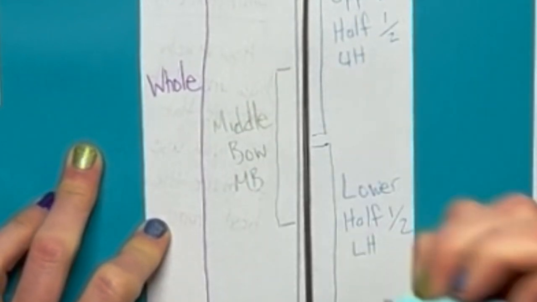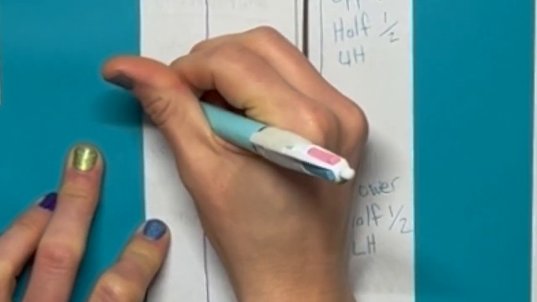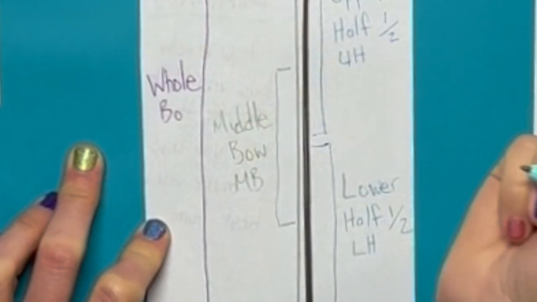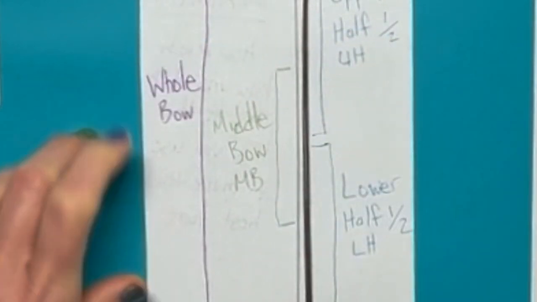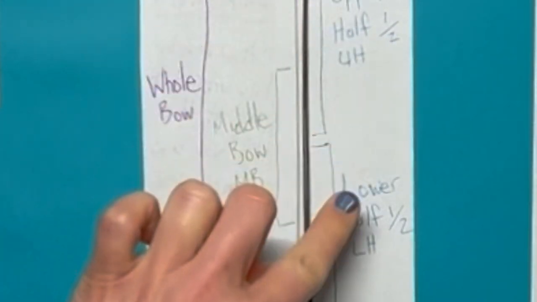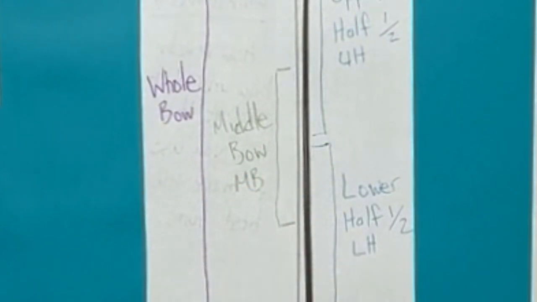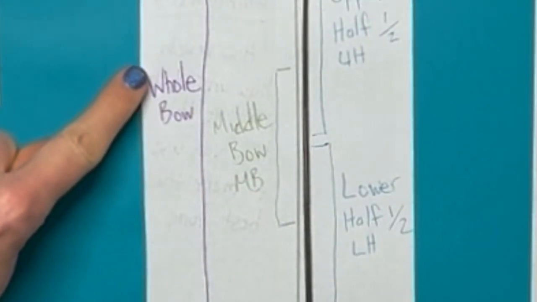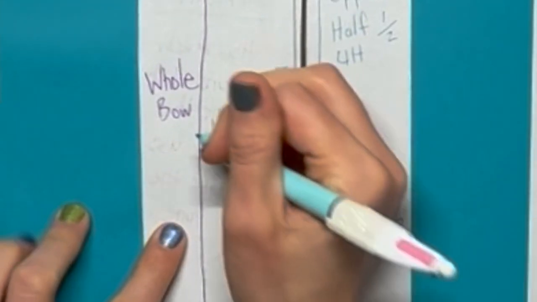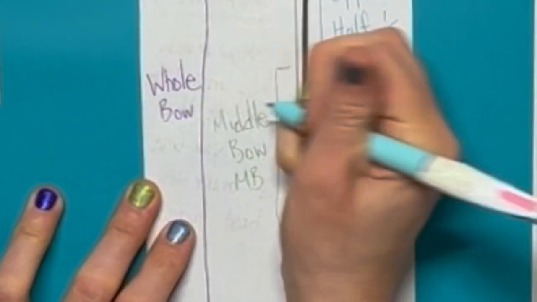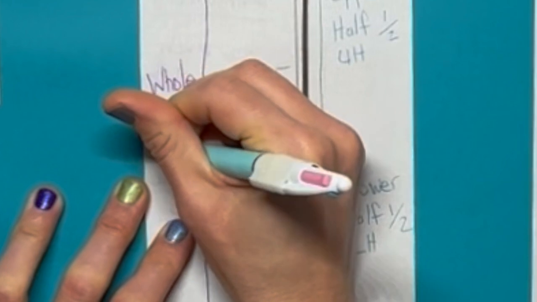And then the word bow is spelled like it's always spelled, B-O-W. And just like we used the first letter of these words to make a shorter version of that, we're gonna write WB when we need this on your music so we don't have to write the whole words out. So that's WB.